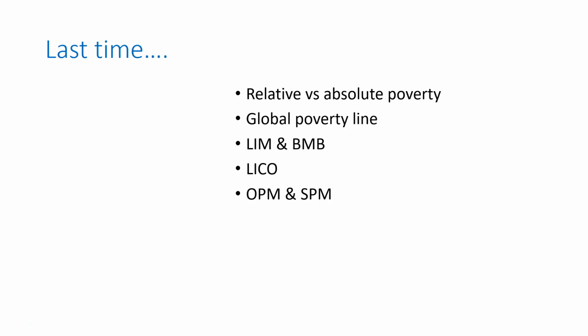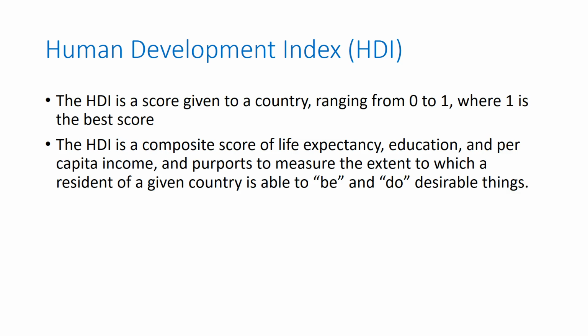Both of them are absolute measurements in the sense that they purport to describe a situation wherein do you have enough resources to acquire the essentials of life. The OPM looks strictly at food, whereas the SPM looks at other measurements of standard of living, including clothes and shelter.